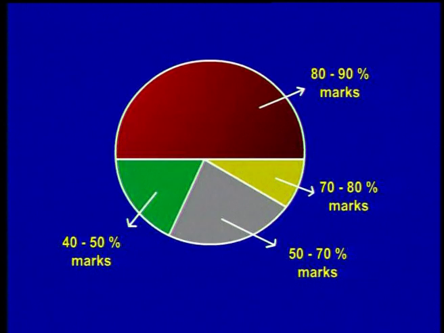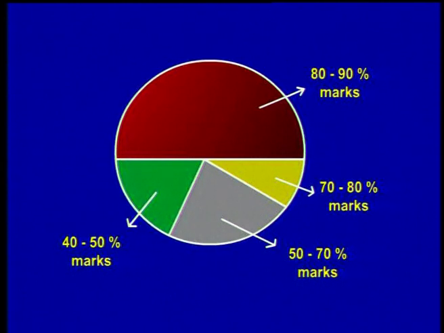Another kind of text that we come across in our day-to-day life is a pie diagram. In your book, there is a pie diagram which describes the percentage of students in different ranges of marks. You will notice that the pie diagram, which is like a circle, represents the total strength of the class.